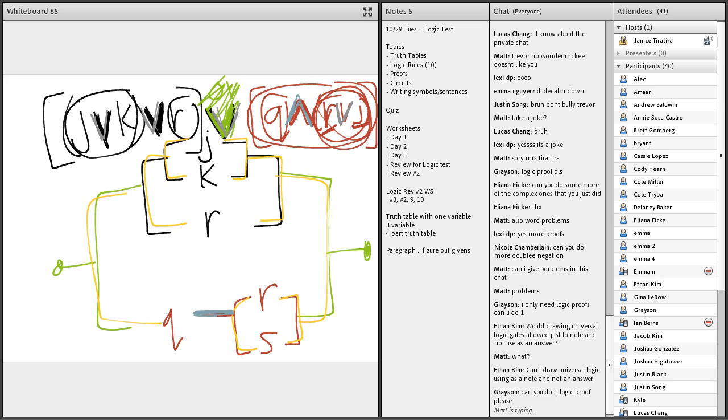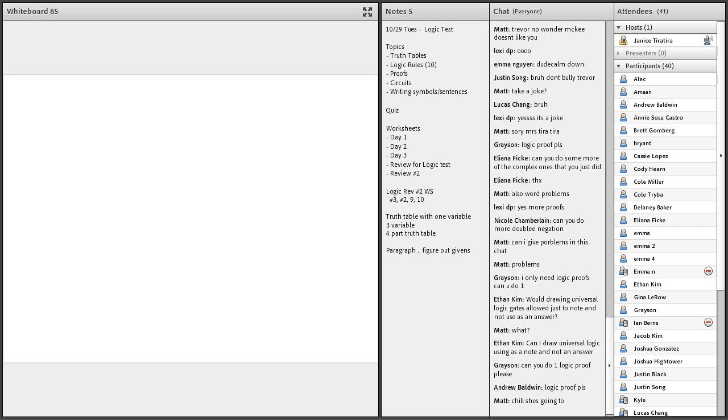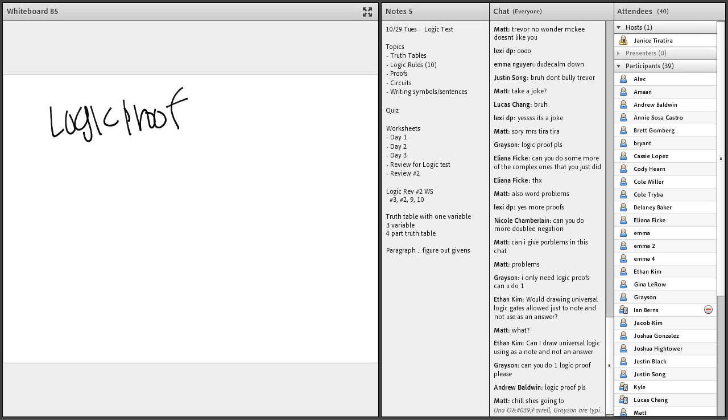So you can check your answers, check your work, check your drawing afterwards. Okay, pretty crazy, huh? All right, logic proof time. Okay, so logic proof. Let's see. Let's do.